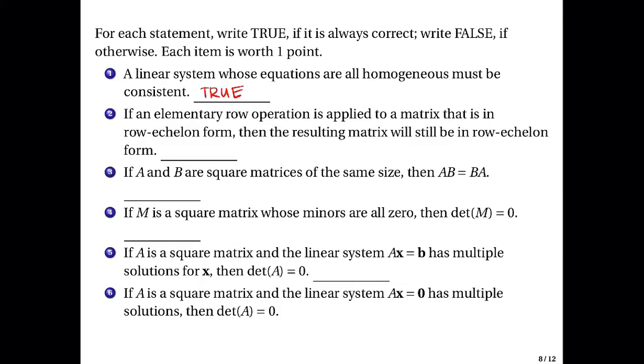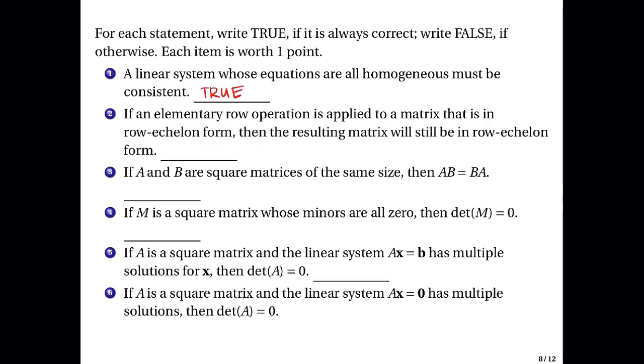Next, if an elementary row operation is applied to a matrix that is in row echelon form, then the resulting matrix will still be in row echelon form. True or false? False.